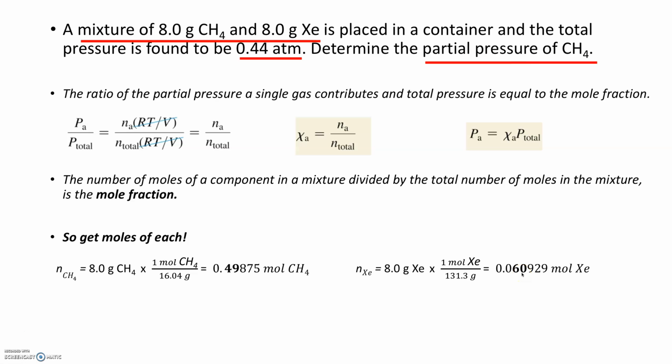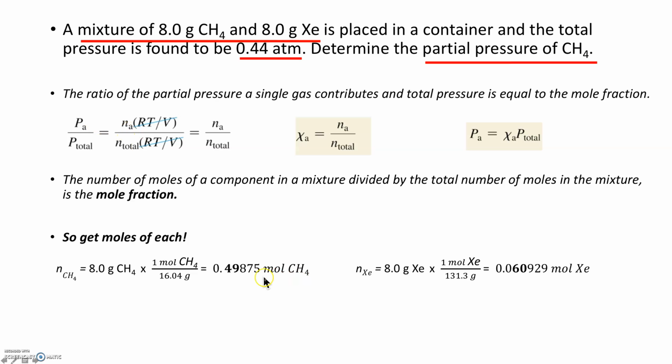I also notice even though I have 8 grams of each, because the xenon has a much larger molar mass, I have fewer moles. Now, when we talk about pressure, pressure is directly proportional to moles, and we see that here solving for the ideal gas law. So it doesn't matter the mass, it only matters the moles.